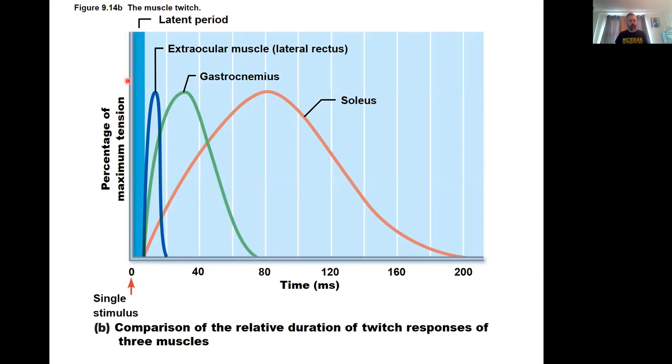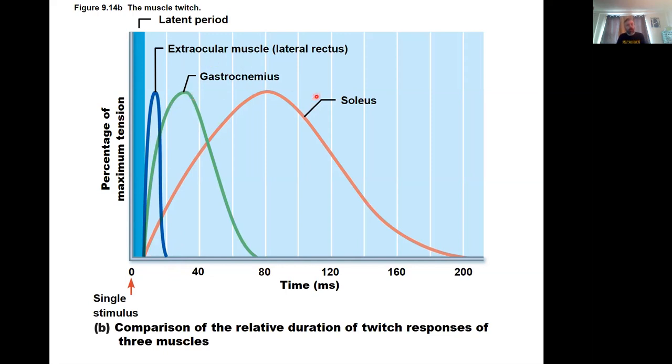So something like one of your eye muscles has a really, really fast twitch, right? They all share the same latent period. All of that chemistry has to take place at the same rate, more or less, right? But our difference here is going to be in the period of contraction and the period of relaxation. So something really fast twitch, like an eye muscle, our entire contraction is over really fast, even before we've completed the contraction phase of a relatively fast muscle like gastrocnemius.